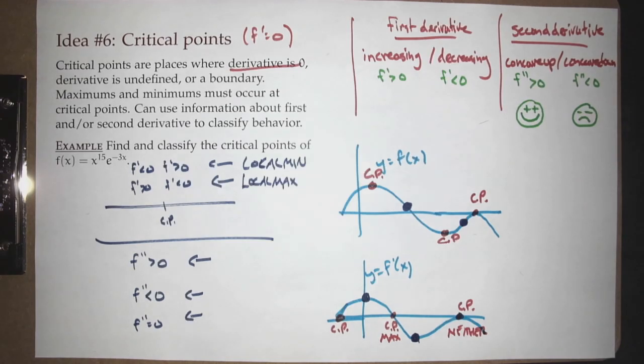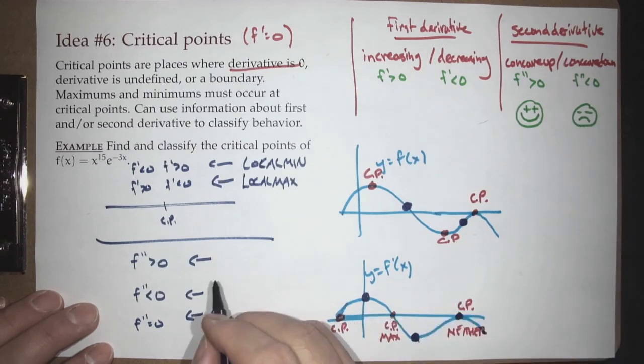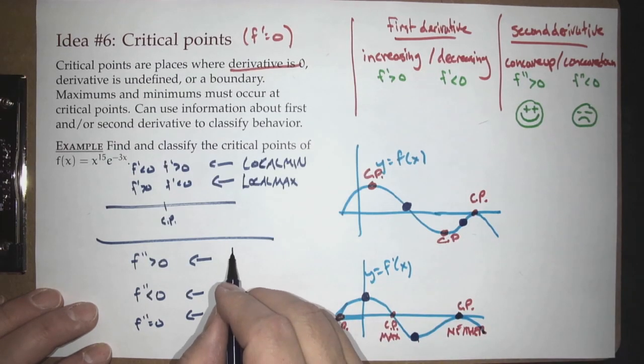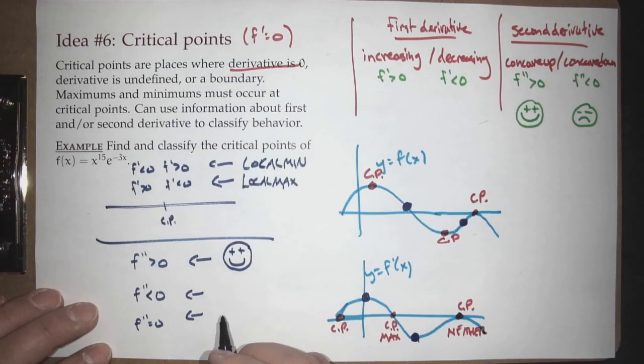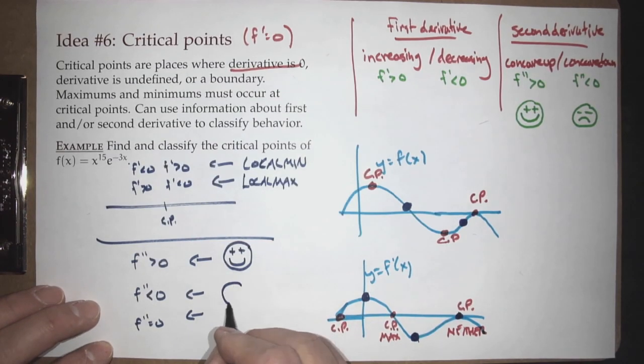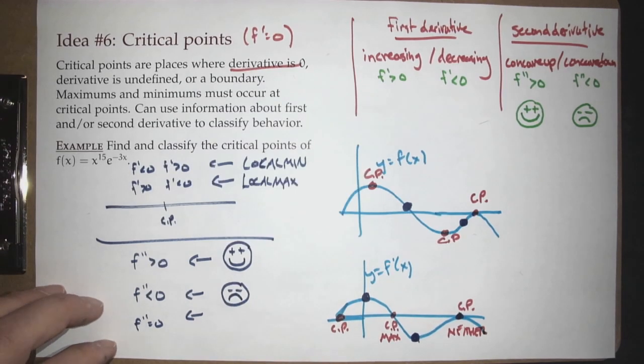Local minimum. Because concave up says we are coming up from the tangent line. So we have that type of behavior. Second derivative is negative. What are we? Local max. We are bending down from the tangent line.